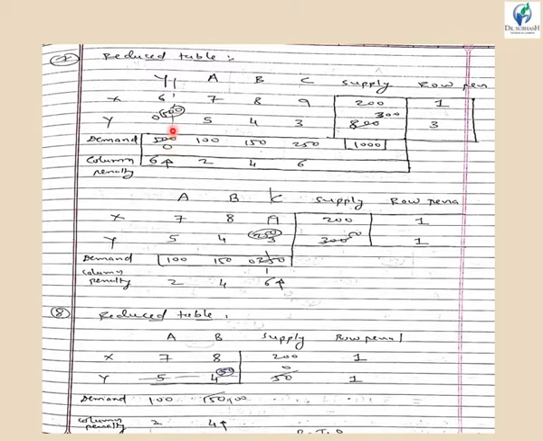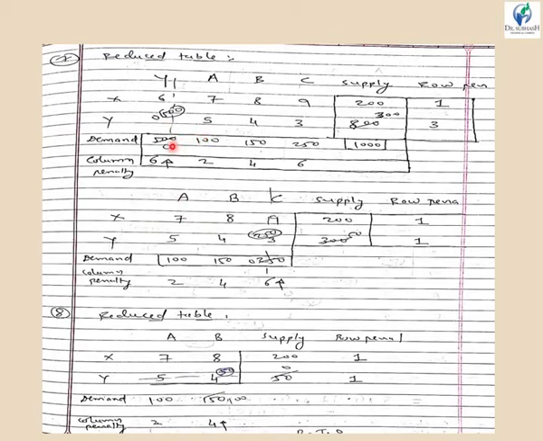I went with this because we can do a maximum allocation of 500 in this particular column. If you had gone with the other column, you could do a maximum allocation of 250 only, but with this column you can allocate 500, which is larger than 250. That's why I have gone with this particular column, because we can allocate the maximum.